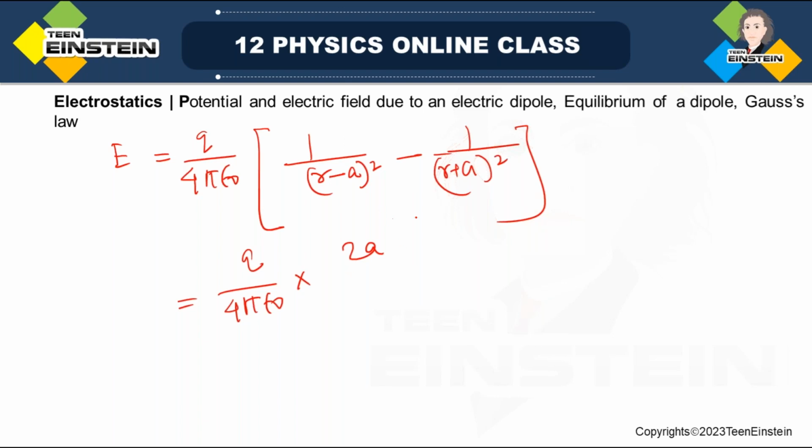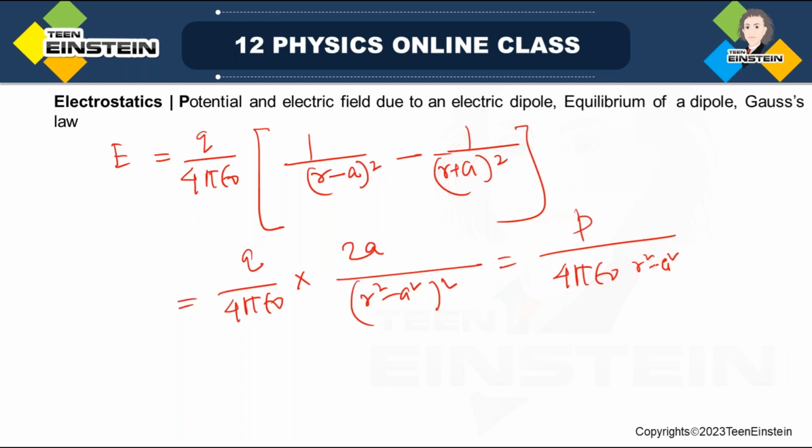Sorry, this will be plus sign only, 2a with a plus sign, and in the denominator there will be r square minus a square whole square. So this is 2aq, that is actually p, divided by 4 pi epsilon naught, r square minus a square.